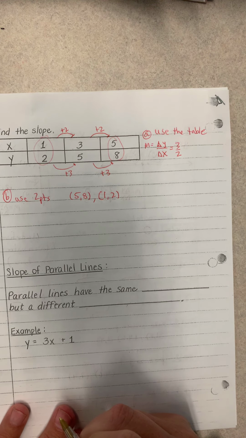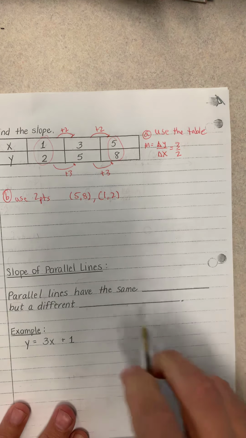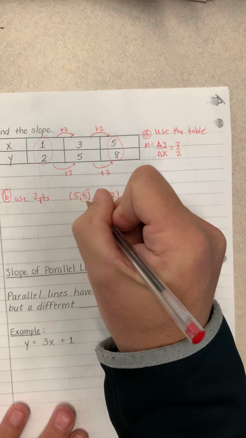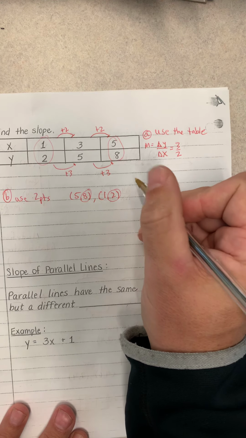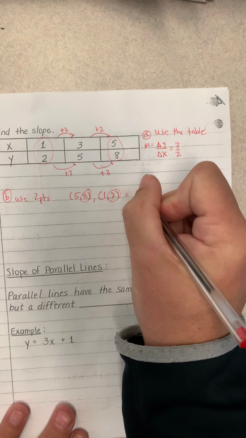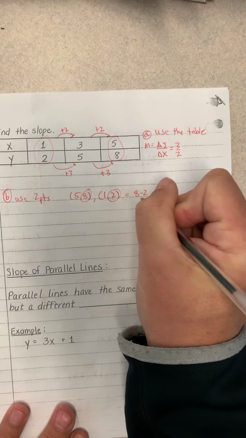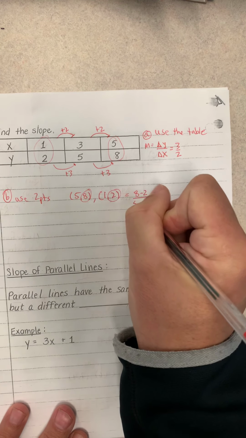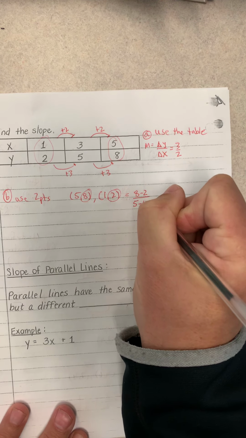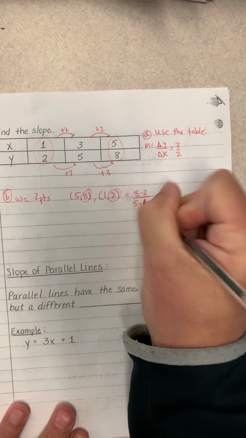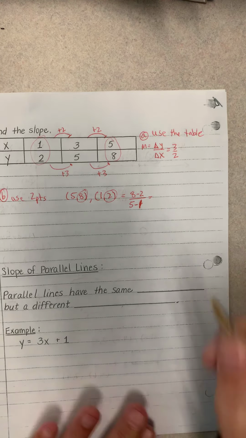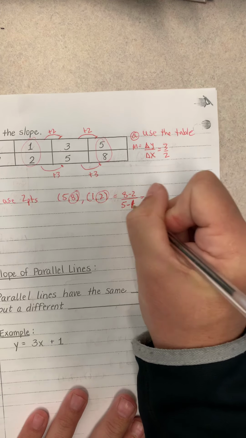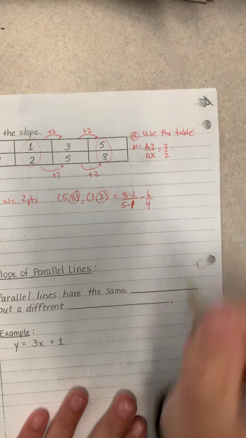I do the exact same thing we have done on every other problem. I will circle my y's. 8 minus 2 divided by 5 minus 1. 8 minus 2 is 6. 5 minus 1 is 4.